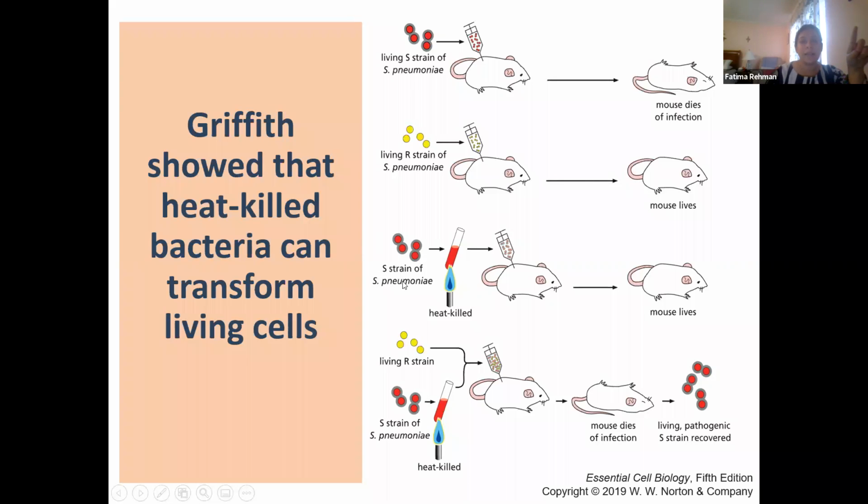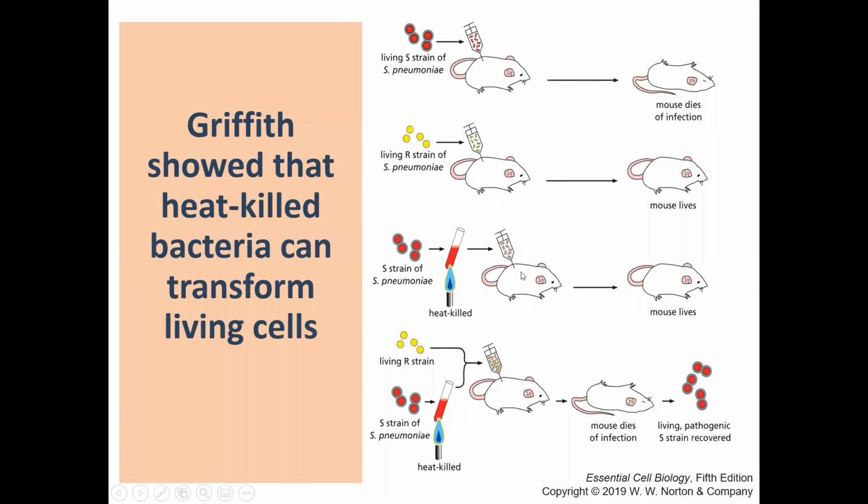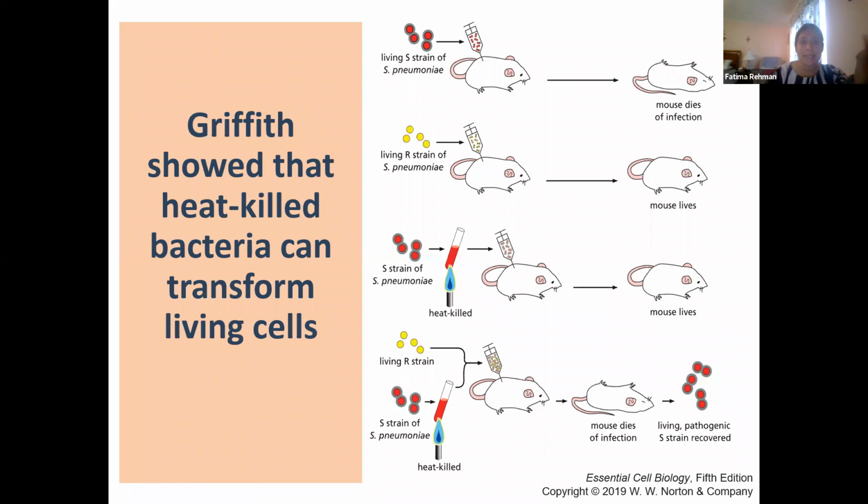So here they just heated the S strain, right? So they kill the cells essentially. The cells are dead, but the DNA is fine. So in that mixture that they got at the end, the DNA would still be intact, but the membranes of the cells have been destroyed, the proteins have denatured. So when they injected, that DNA just by itself can't do anything unless it was inside an actual living cell.